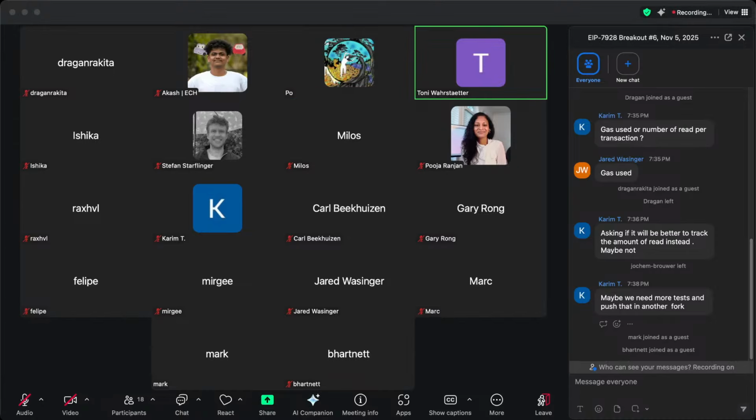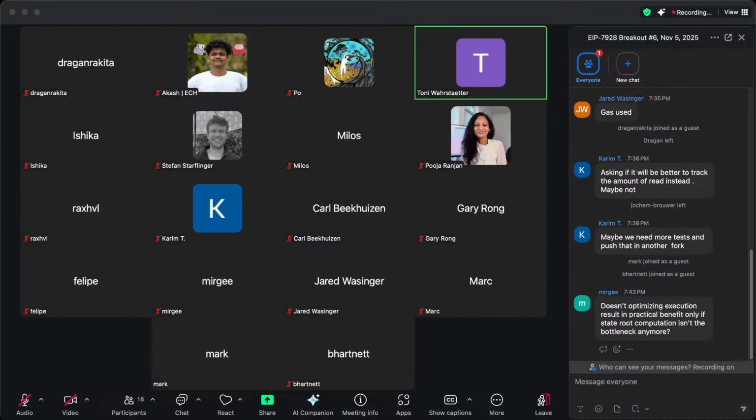Exactly. There are four options: naively scheduling by their order as they are in the block. Then you can use the gas limit. Then you can use the gas used, which would require us to add it into the block level access list. And the most hacky solution would be to take the balance diff and from that infer the gas used, because every time you pay fees, it's also a balance diff.